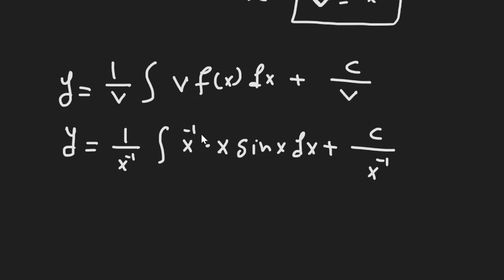Now you can say that this x can cancel this x, because this is basically 1 over x times x, and these two can cancel.